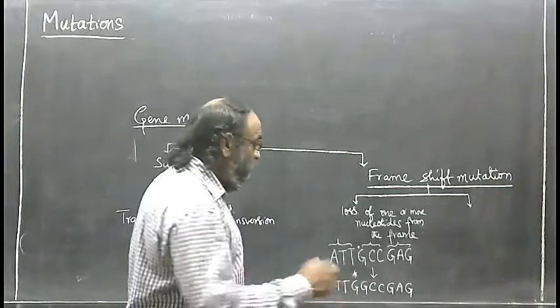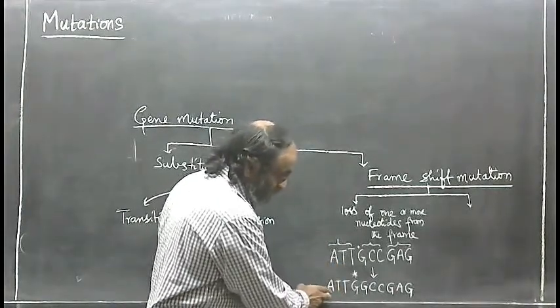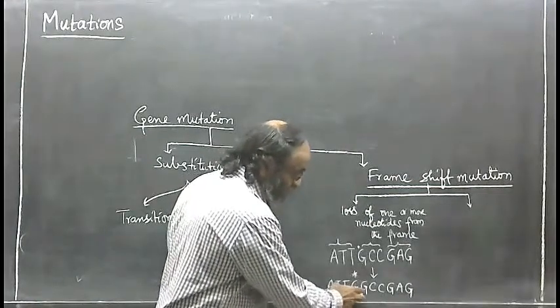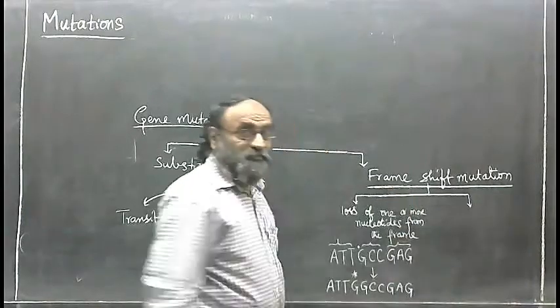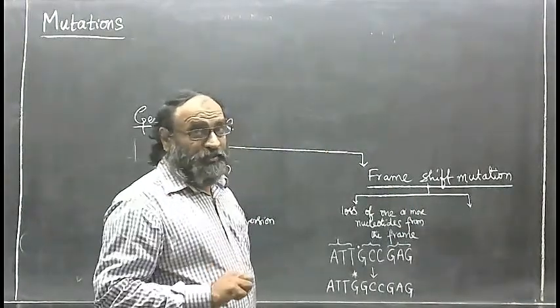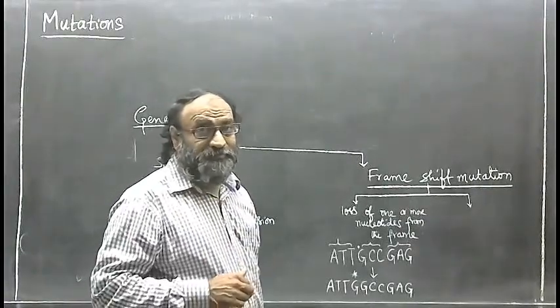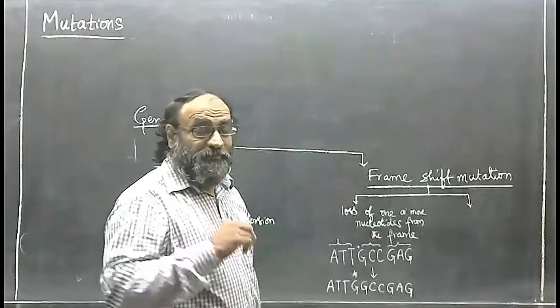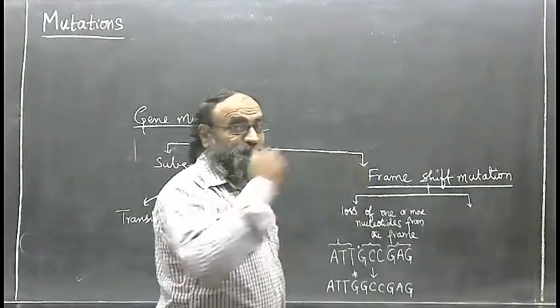Now, how many nucleotides are present in this frame? 1, 2, 3, 4, 5, 6, 7, 8, 9, 10. Earlier, there are 9 nucleotides. Now, one nucleotide is added, and it increases the length of the frame.